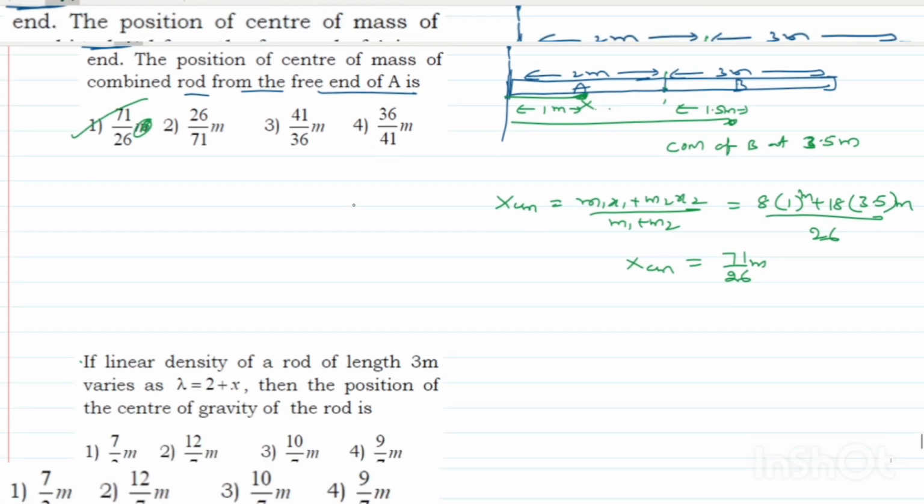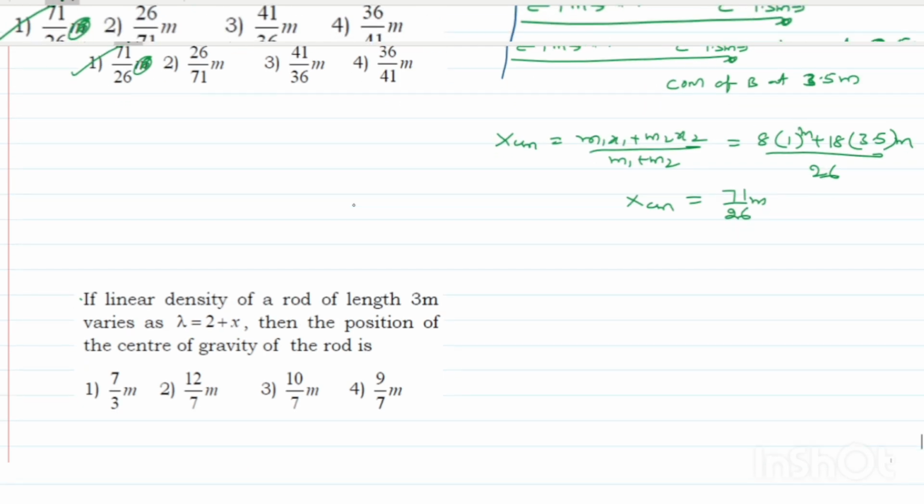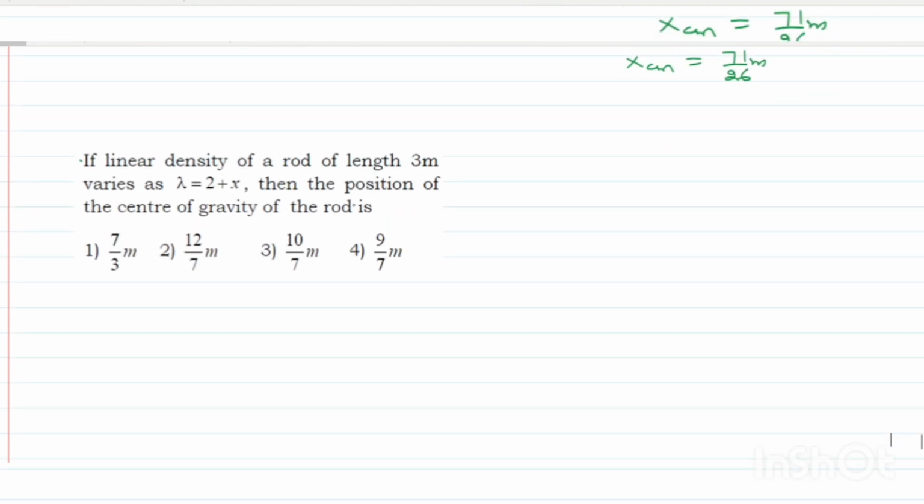If the linear mass density of the rod of length 3 meter varies as lambda equals 2 plus x, then they are asking for the position of the center of gravity of the rod. So here one linear rod is given, students. This linear mass density is given, lambda equals 2 plus x.